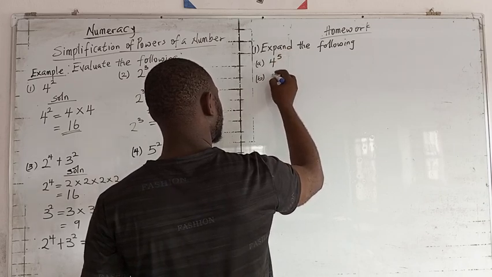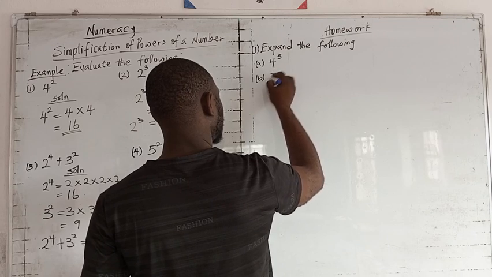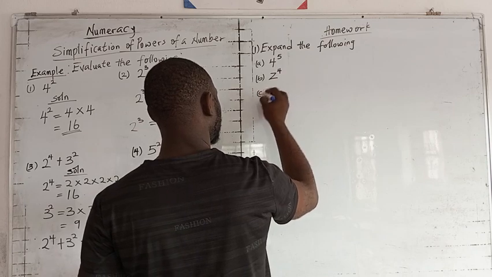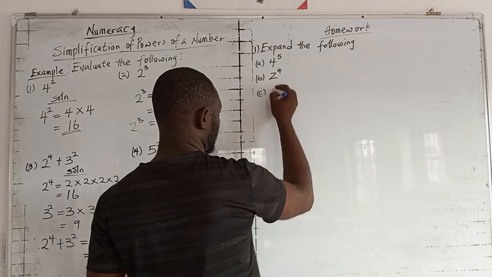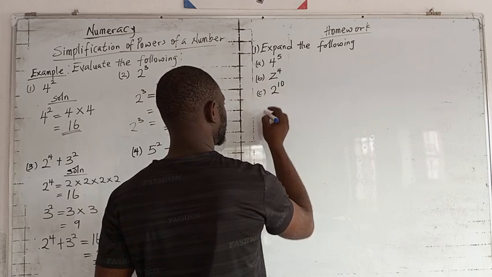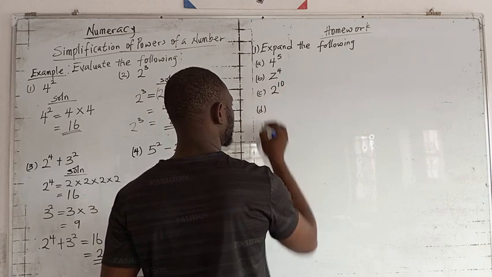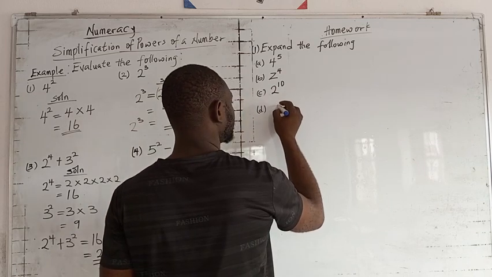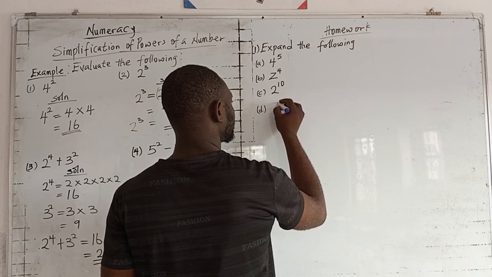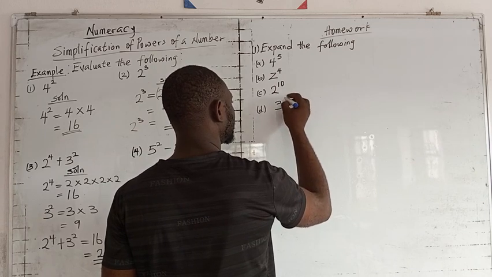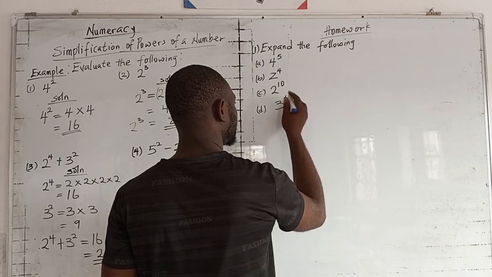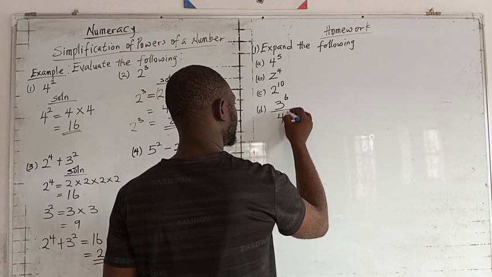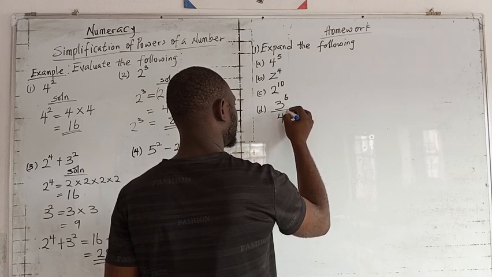B, Z raised to the power 4. C, 2 raised to the power of 10. D, 3 raised to the power of 6 divided by 4 raised to the power 3.